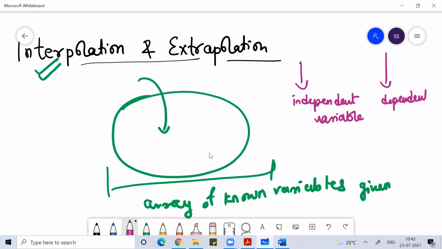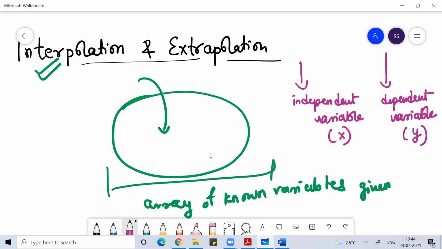So we have an array of data of the independent variable and an array of data of the dependent variable, where normally the independent variable is represented by the symbol x and the dependent variable by the symbol y.